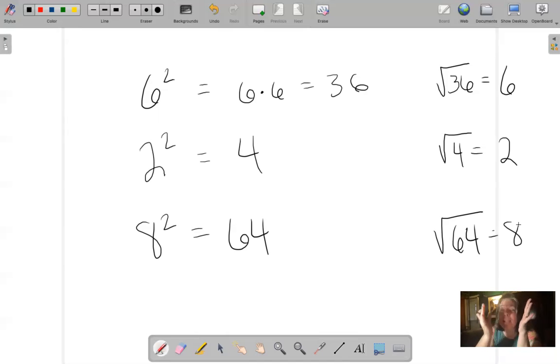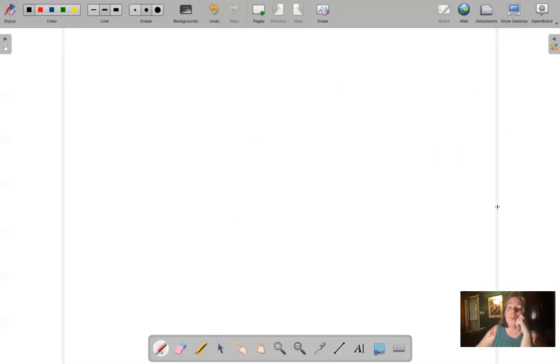You really, really need to know this to be able to do the Pythagorean theorem and right triangles quickly. So 7 squared, what's 7 squared? 7 squared is 49. What is the square root of 49?